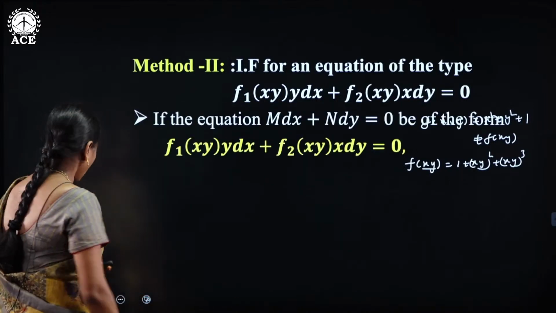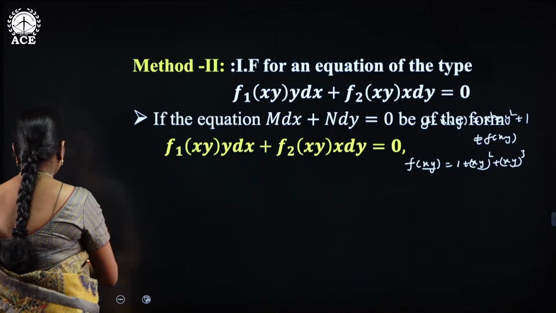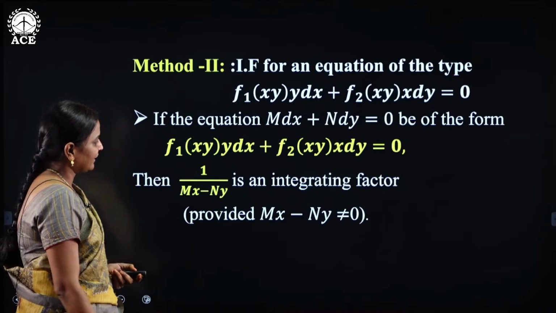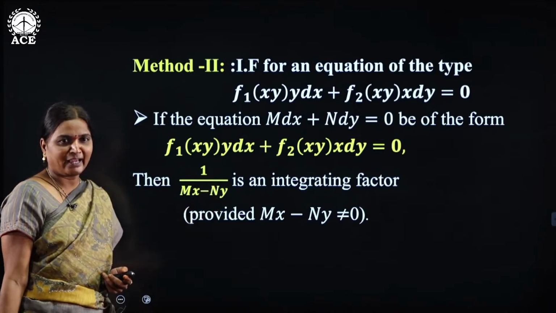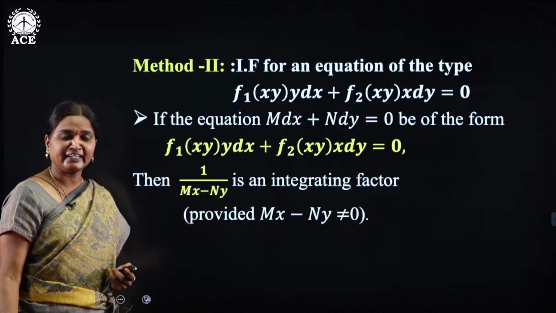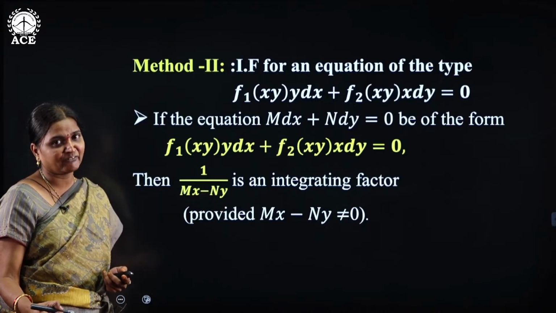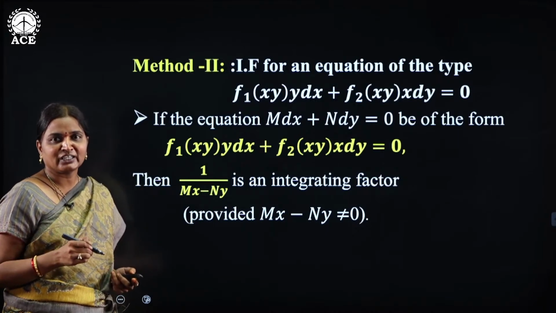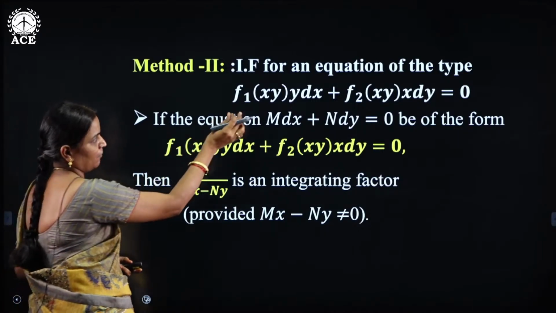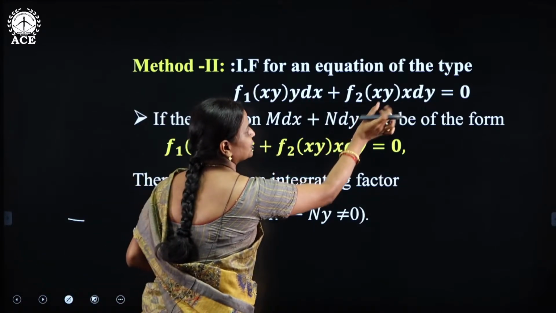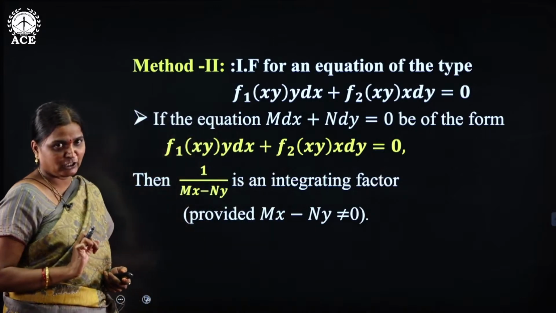So in this case, how to find the integrating factor? Then the integrating factor is 1 by (Mx minus Ny). We write 1 by (Mx minus Ny) as an integrating factor of the given differential equation, if the given differential equation is non-exact and is of the form y into function of xy into dx plus x into function of xy into dy equal to 0.